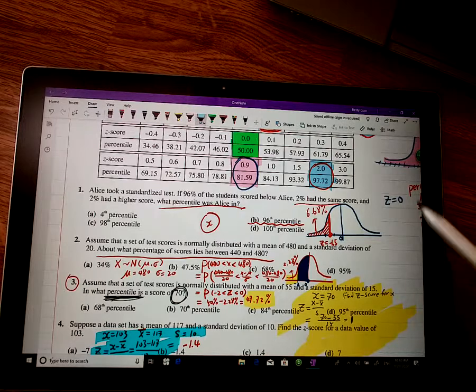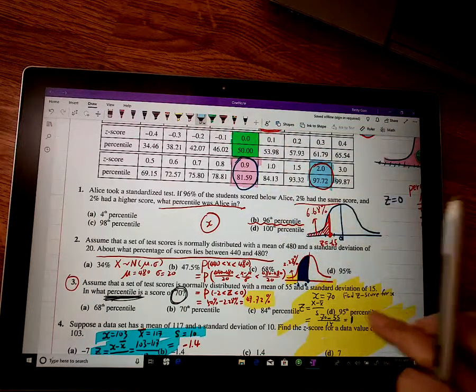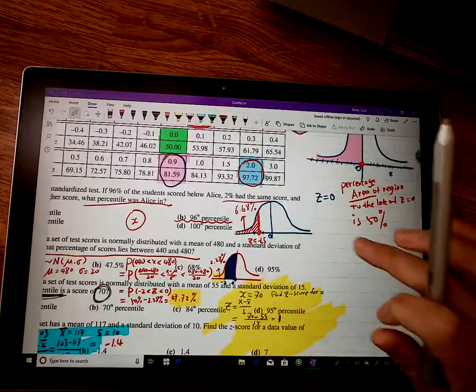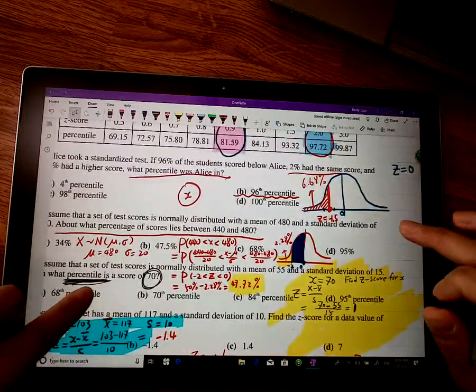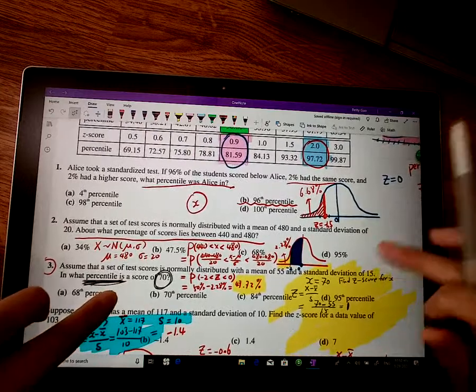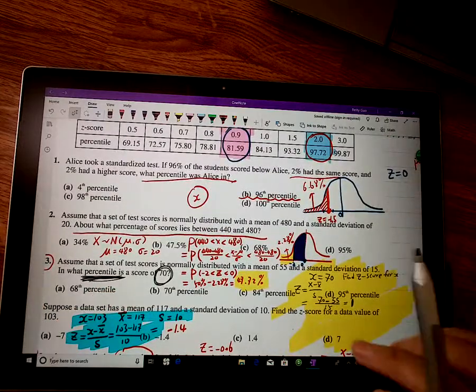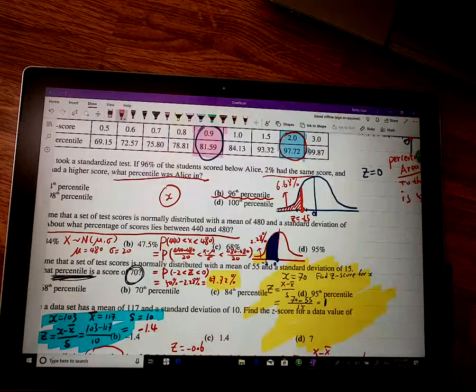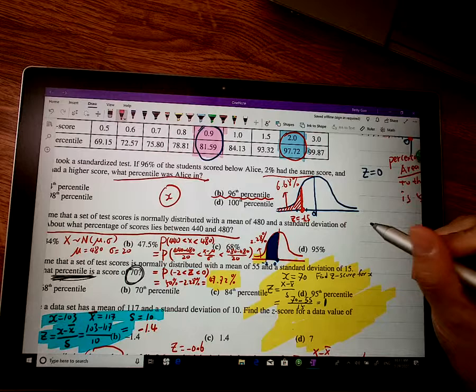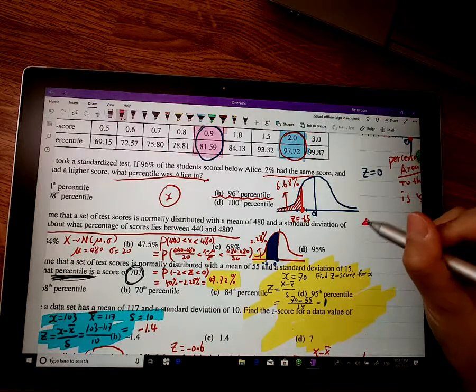I do have different methods in my notes, but I'm going to explain in a different way. So here we have two numbers, 440 and 480. Let's talk about 440 first.